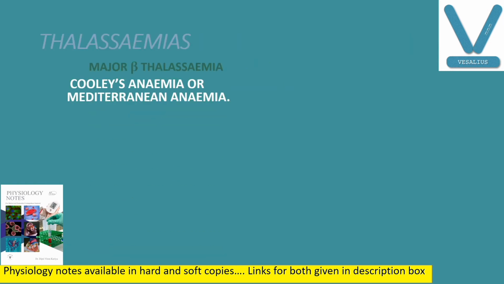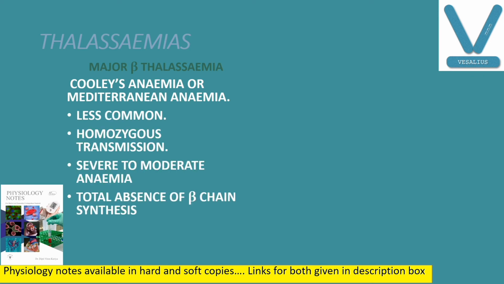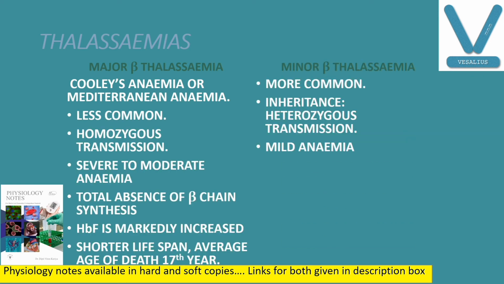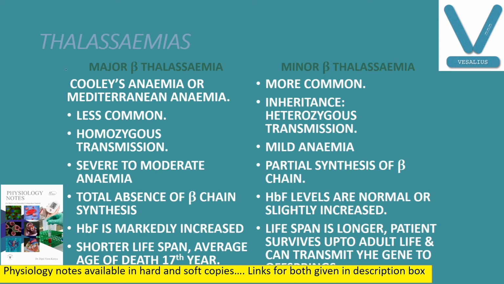So major and minor thalassemia, what are the differences between these two? Major thalassemia we will discuss first. This is also known as Cooley's anemia or Mediterranean anemia. This is less common because most of the people having major thalassemia don't have a long lifespan. And minor thalassemia is more common because the person does not have many symptoms rather than anemia.